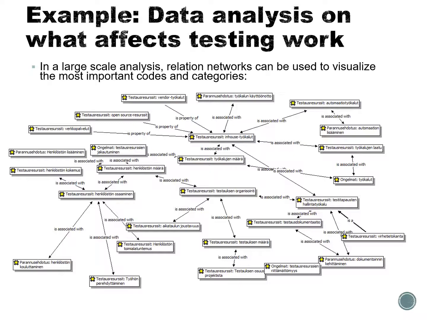Of course, if you can't understand Finnish, you don't see, but on the right hand side, in the middle of this diagram, there's a problem, tools, which is associated to the amount of tools.